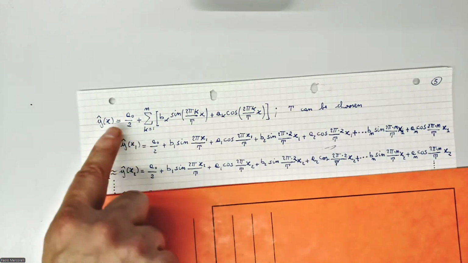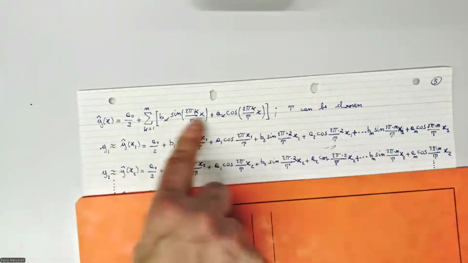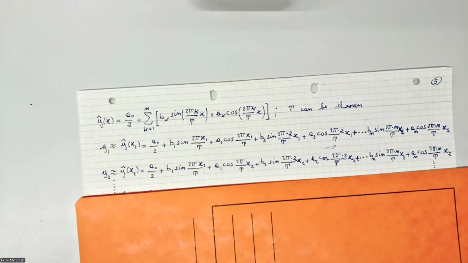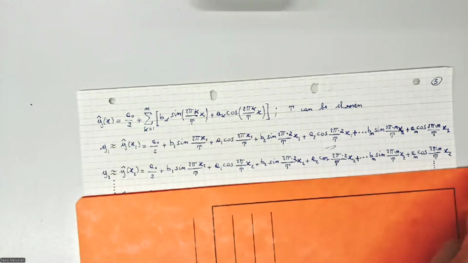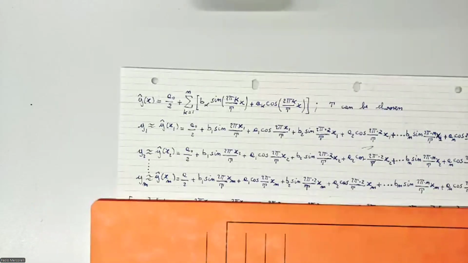The key point is I am considering this expression for a given t, for a given n, very important. Otherwise, I cannot separate what I know with what I don't know. At point x2, I have this expression. I do the same until the point ym. It is clear. It's exactly what I did for the Taylor or the polynomial function.